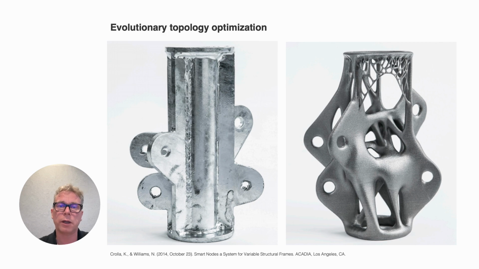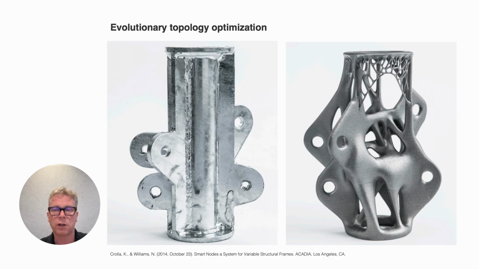Another colleague on the Design Robotics project was Mike Xie, a structural engineer known for developing a technique called evolutionary topology optimization. With this process, you begin with a basic design, for example, a structural bracket, and then the software iteratively determines where material can be added or removed to optimize performance.